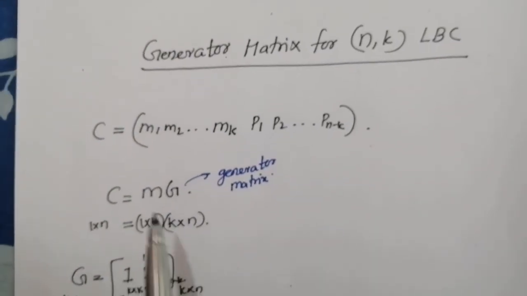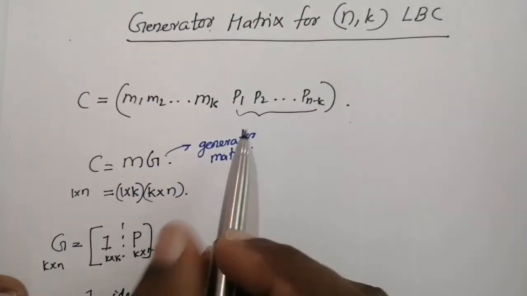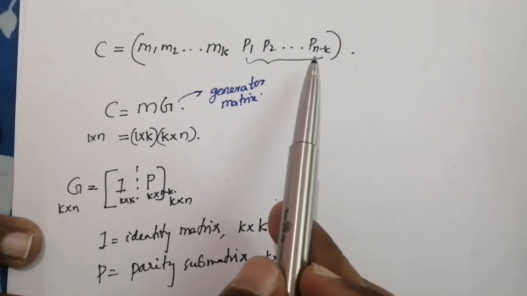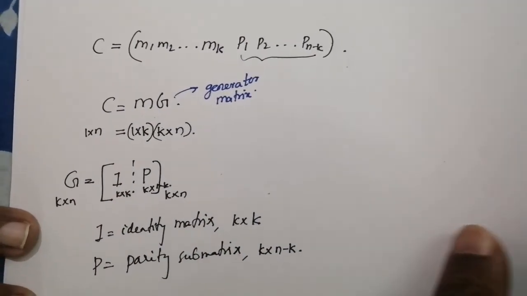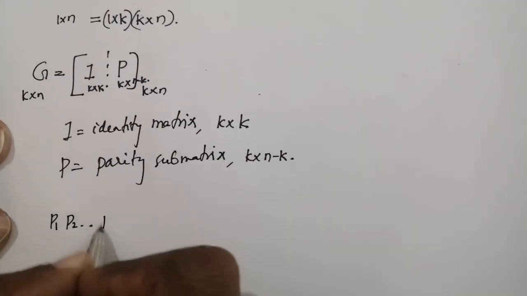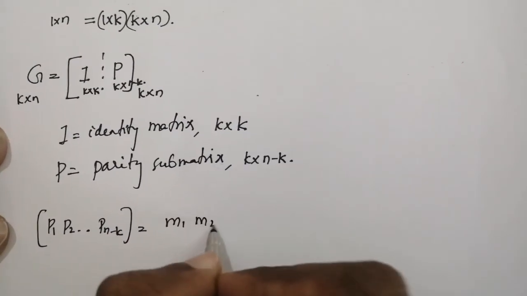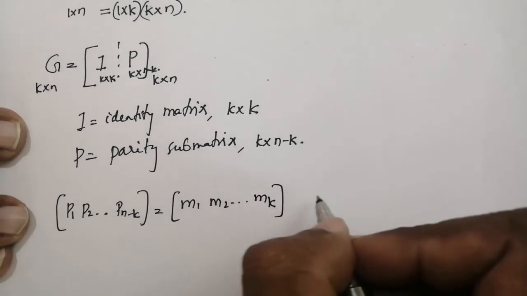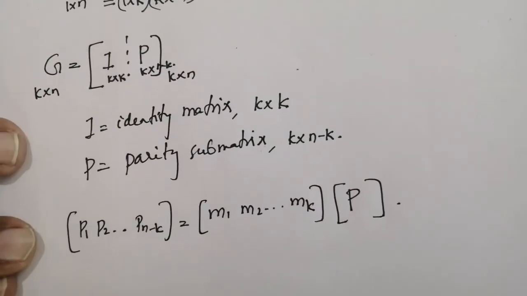Now, in order to generate the linear block code in systematic form, the only unknown is this P. So we need to find p1, p2, ..., pn-k. We need to obtain these using m and G. How will you get them? I will write it as [p1, p2, ..., pn-k] = [m1, m2, ..., mk] times the parity submatrix P. Now we'll check the dimension.